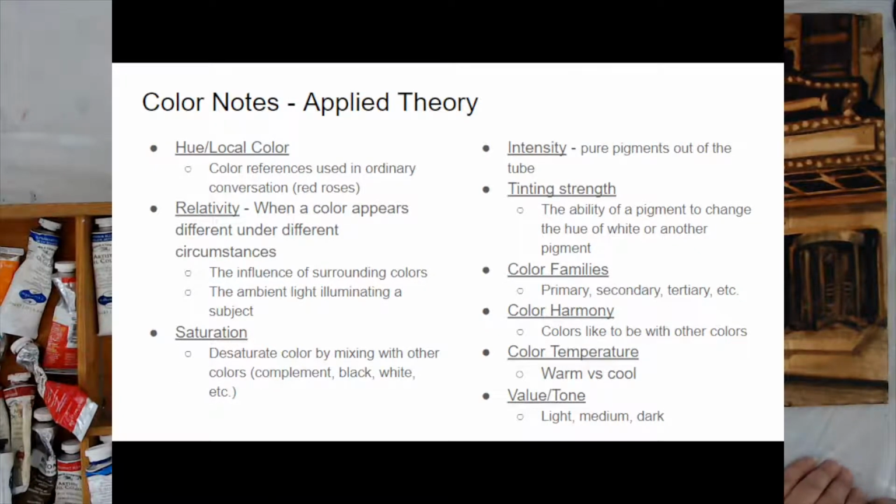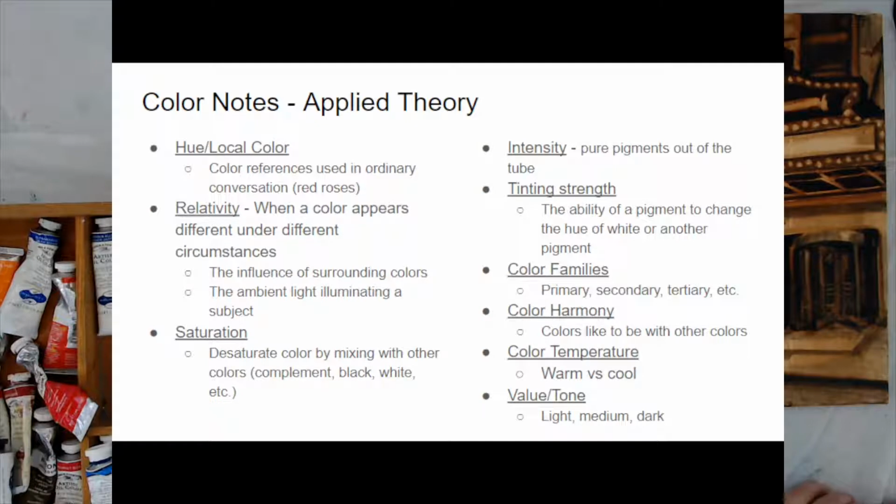More color notes here. Hue, or local color: color references used in ordinary conversation. When you say red roses or it's a red apple, that's what that term means when you're talking about hue or local color of an object. The sky is blue, the water is blue, that kind of thing.